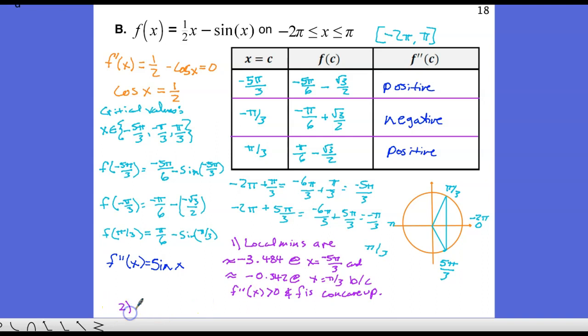All right, and then part 2, local max value is approximately 0 at x equals negative pi over 3, since f double prime of x is less than 0, f is concave down.